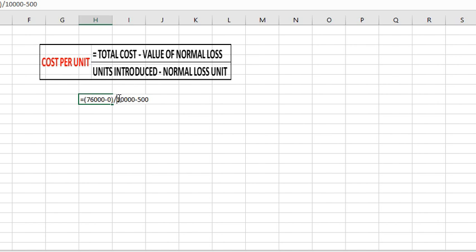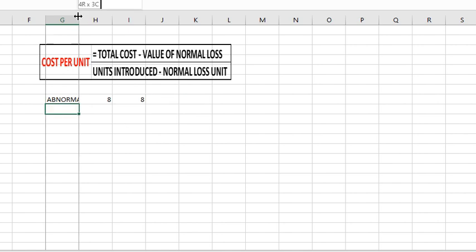So this is the answer: rupees 8 for your abnormal loss. This is your abnormal loss cost per unit for process A.